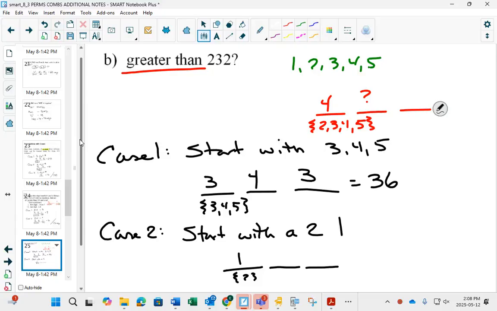If I started with a 2, I'm not going to worry about that 3 right now, but then put a 4 or a 5 next. We're now counting numbers in the 240s and 250s. They're guaranteed to be bigger than 232. So if I put 2 choices here, there would be no restrictions on my last digit. How many numbers do I have left? 3.